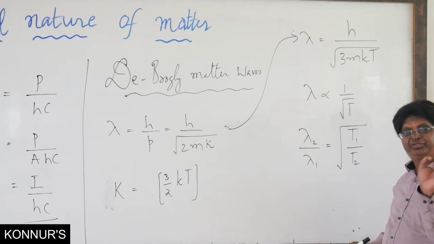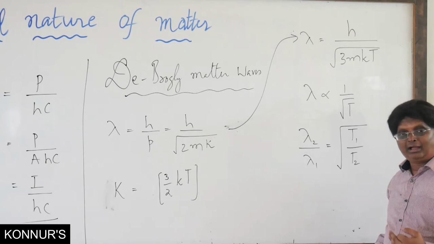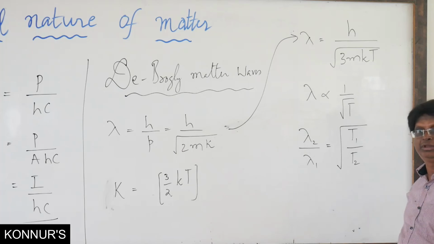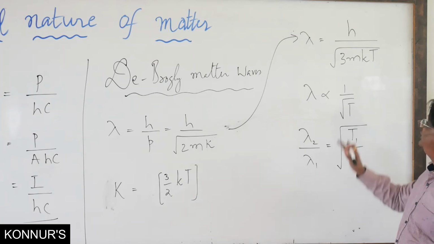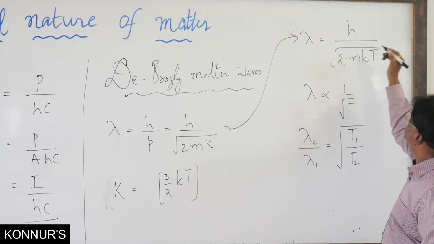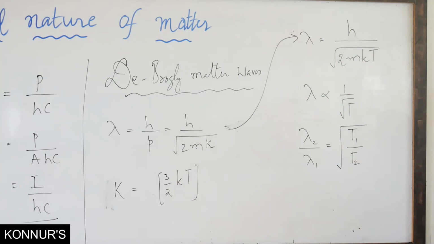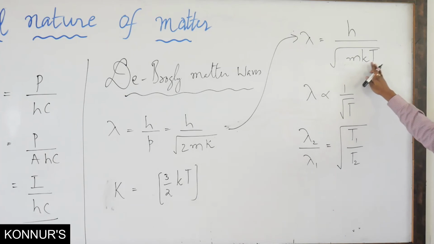Supposing it is said to be a thermal neutron, again acquiring energy because of thermal agitation, there is no question of the 3 by 2 term. Therefore here it will be 2 mkt, or rather the 2 gets cancelled and you get only mkt.